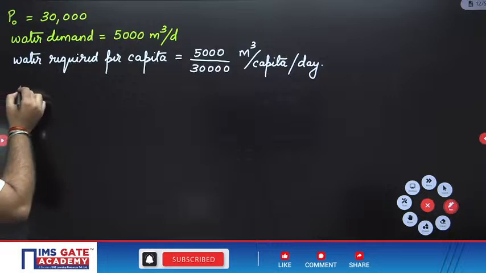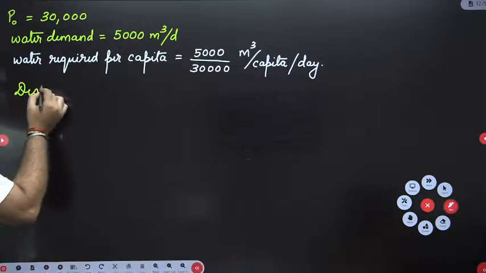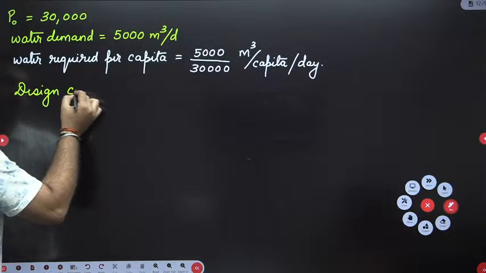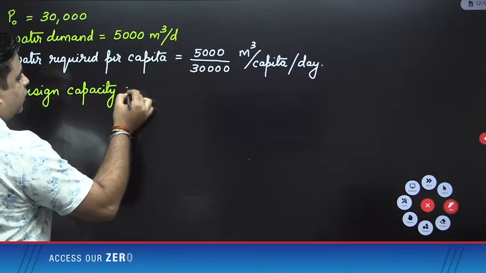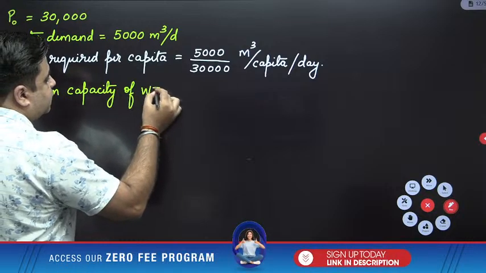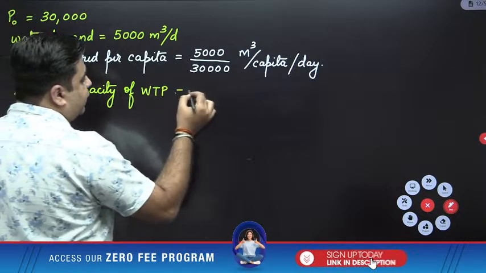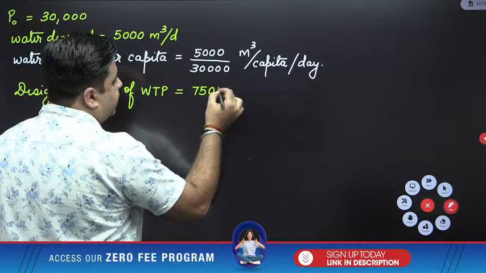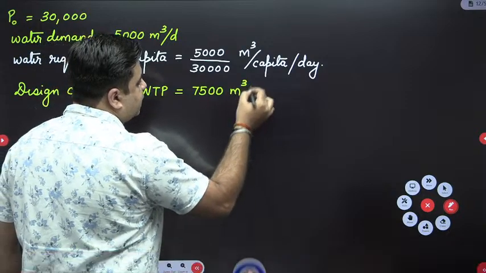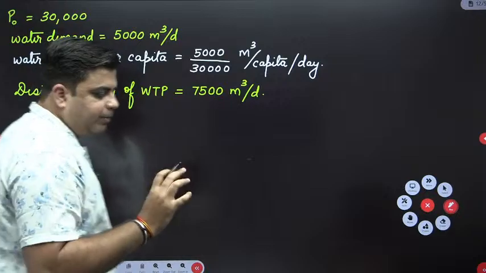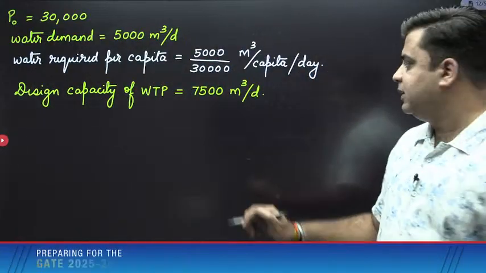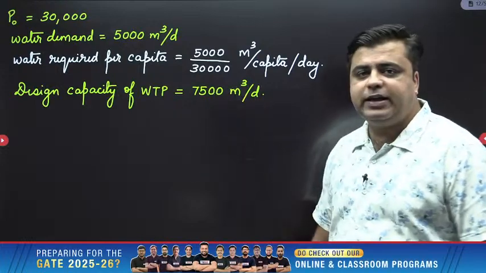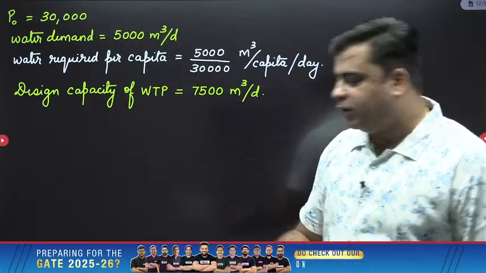So the design capacity of the water treatment plant is 7,500 meter cube per day. If the plant is running at full operational capacity, the maximum amount of water it can treat is 7,500 meter cube per day.